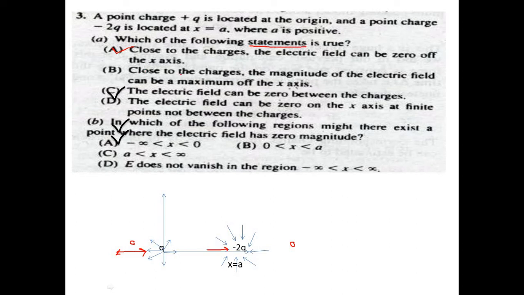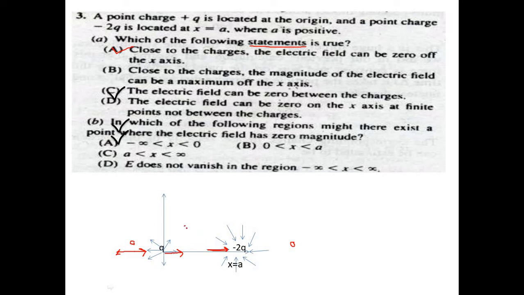Option B is close to the charges the magnitude of electric field can be maximum off the axis. No, close to the charges it is not possible that the electric field could be maximum. So option C is the electric field can be 0 between the charges, as between the charges here the electric fields of plus q charge is here and for minus q charge it is there, and both are actually supporting each other.